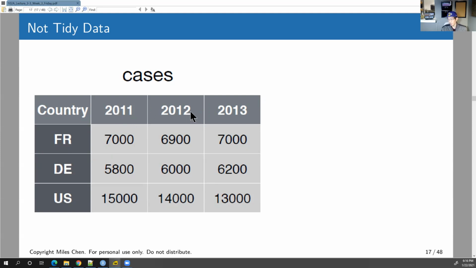Was it the year 2011, 2012, 2013? And then the data here, these are the values, these are the counts of the cases. So this is just fictional imaginary data, and the cases are like the number of counts of some disease. So in France, in the year 2011, we had 7,000 cases. In 2012, we had 6,900 cases, et cetera.